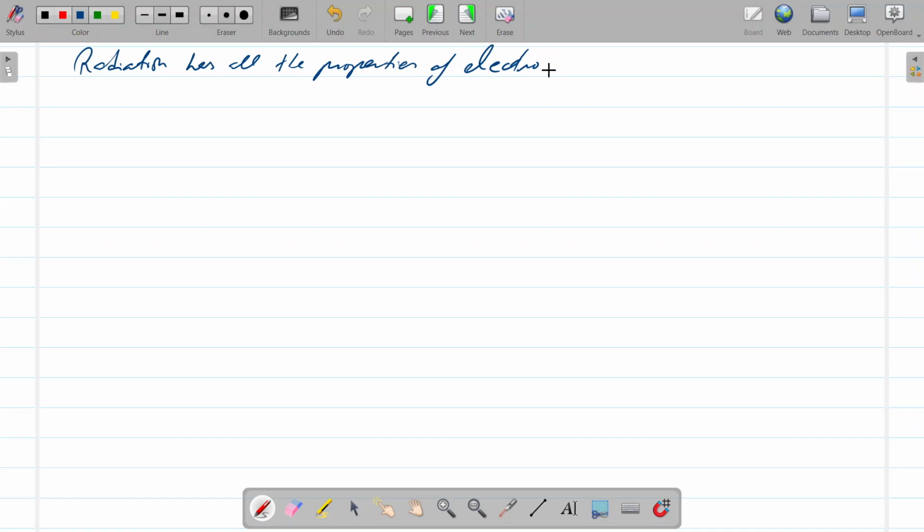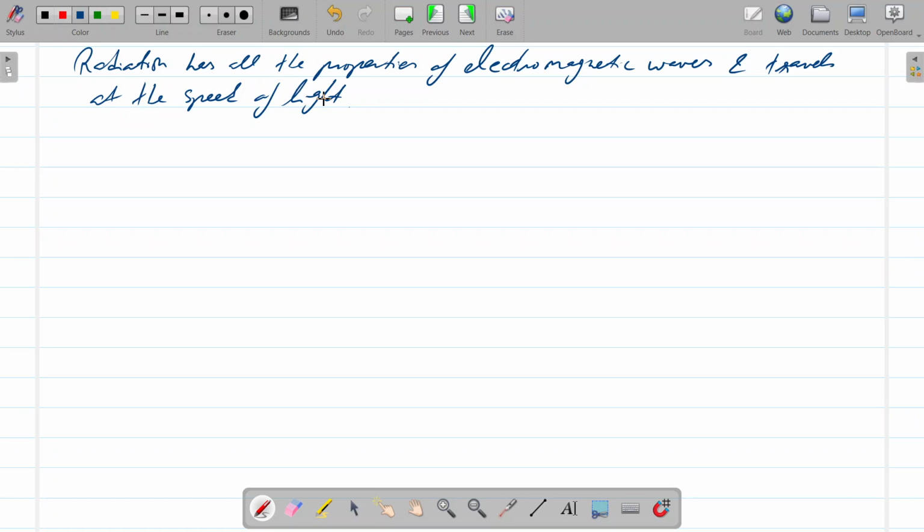So it has all the properties of electromagnetic waves and travels at the speed of light.